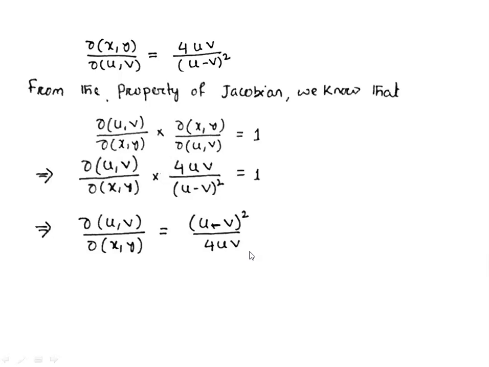So this is about the first property of Jacobian, and we have seen one example based on the first property. In the next lecture, we'll discuss the second and third property of Jacobians, and we'll work out some examples based on the second and third property.